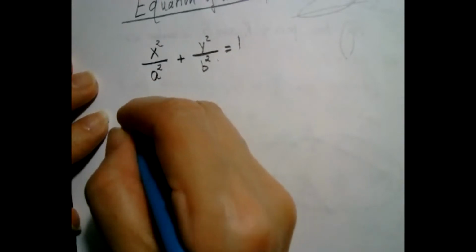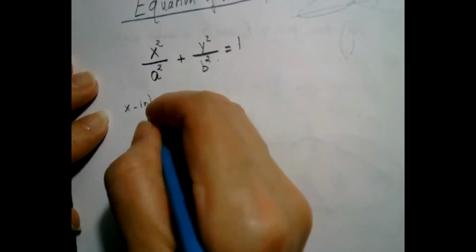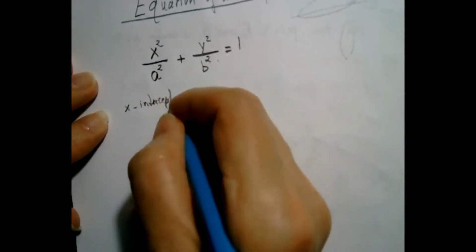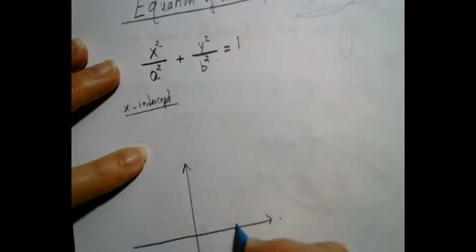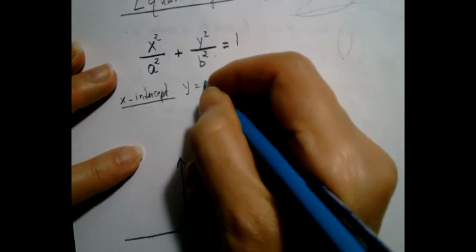First, I want to see what the x-intercept is. What do I mean by x-intercept? If you have this equation with x and y, finding the x-intercept means asking when the graph hits the x-axis. To find where the graph hits the x-axis, usually we ask ourselves, when is y equal to 0?